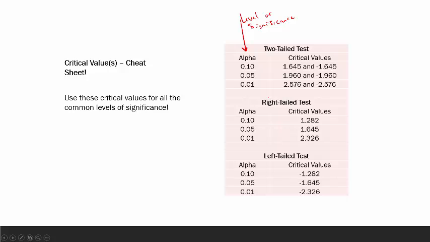Okay, if I said conduct a right-tailed test at the 0.01 level of significance, the critical value would be 2.326. If I said conduct a left-tailed test at a 0.10 level of significance, well, your critical value would be minus 1.282. Okay, so don't worry. You're going to see me do this 3 times, and we'll come back and look at this chart a lot.